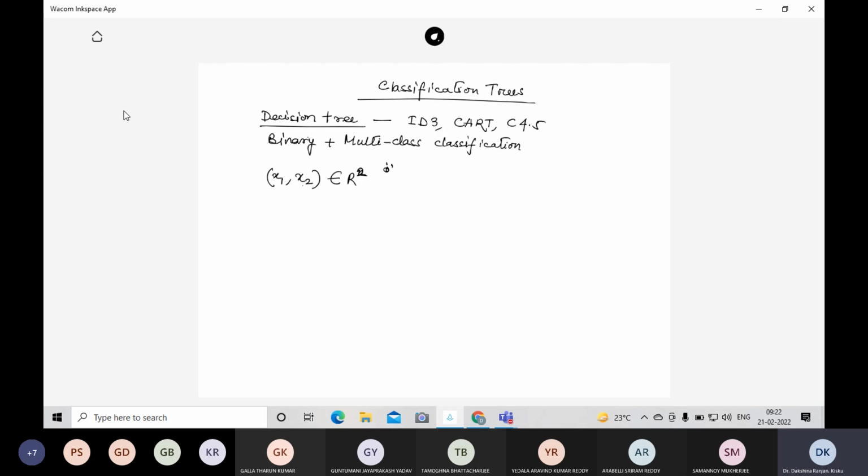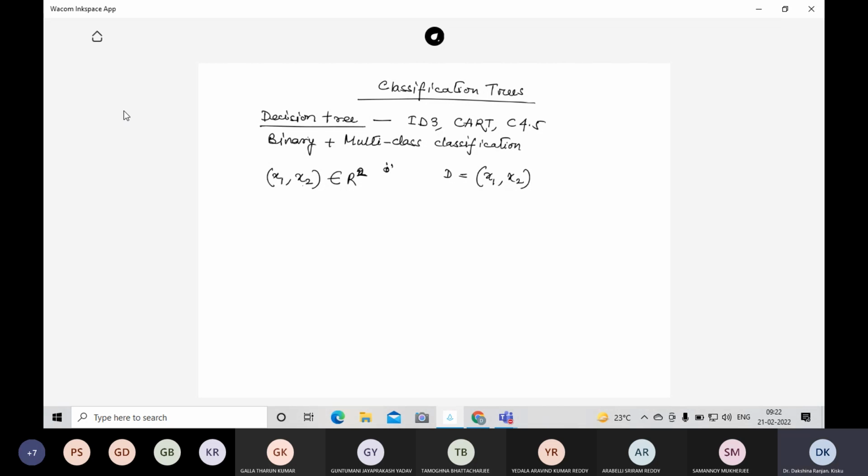Okay, now suppose we consider a feature vector d, then d will have these two features or two attributes x1 and x2. Okay, and here x1, x2 belongs to R2. That means we are using two-dimensional data for classification purposes.